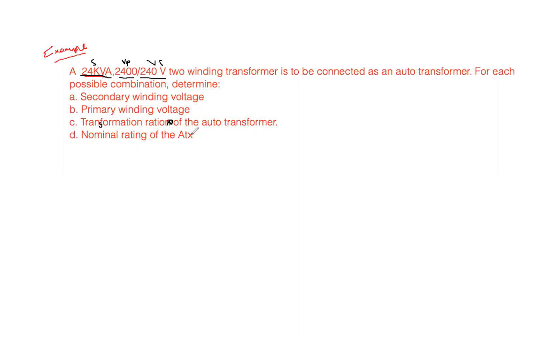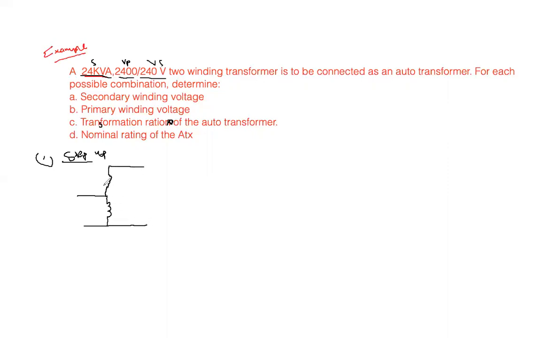So I would do two: one for step up and one for step down. Then you do the rest. Step up. For a step up, we said the arrangement is the same. We're going to have one winding here and another winding there.